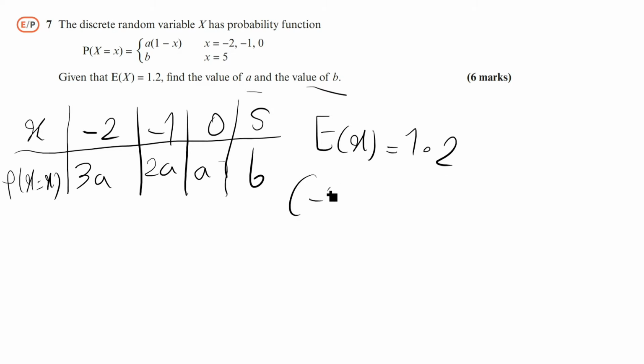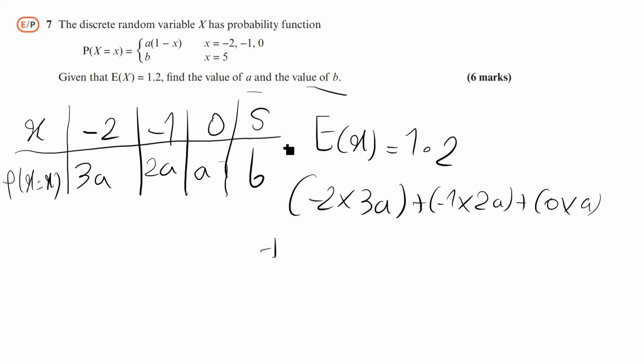Now, as we know the expected value is 1.2, we need to use this rule again. Minus 2 times 3a, minus 1 times 2a, 0 times a, plus 5 times b equals 1.2. Then we need to simplify this to get an equation.